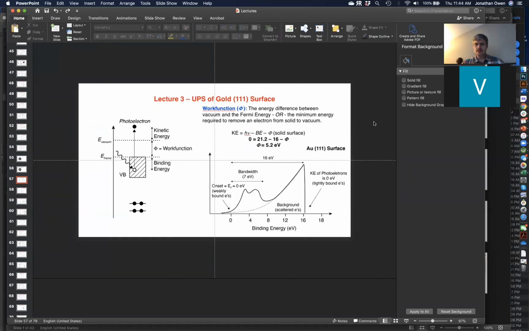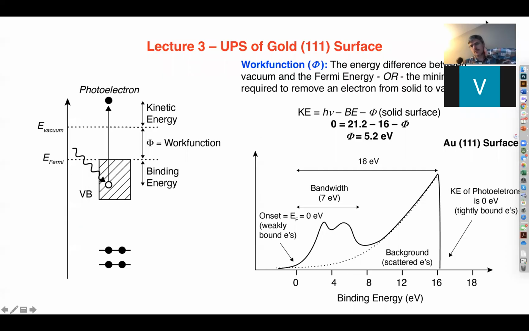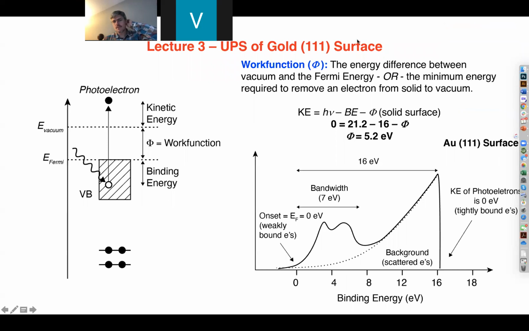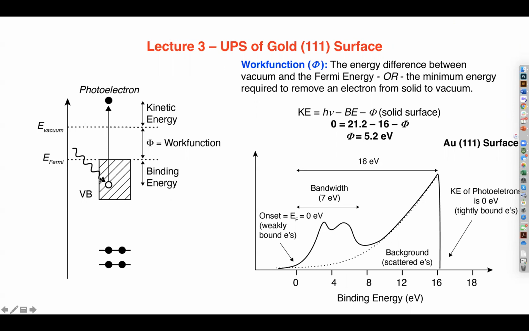Okay, so I just wanted to go back and review a few things from last time. There are a couple of important quantities that were discussed last time, and I've shown here an example, UPS, ultraviolet photoelectron spectrum of gold, and the corresponding diagram for the excitation process on the left.